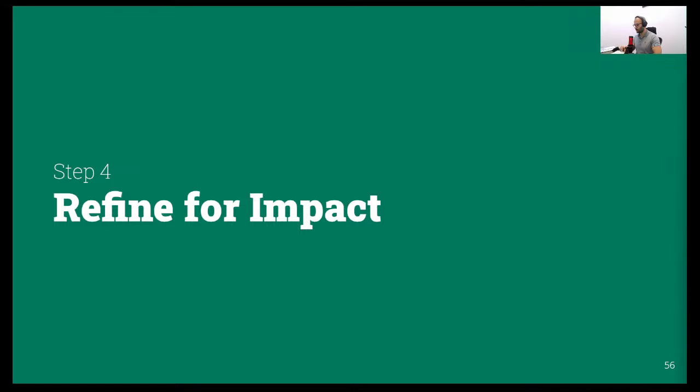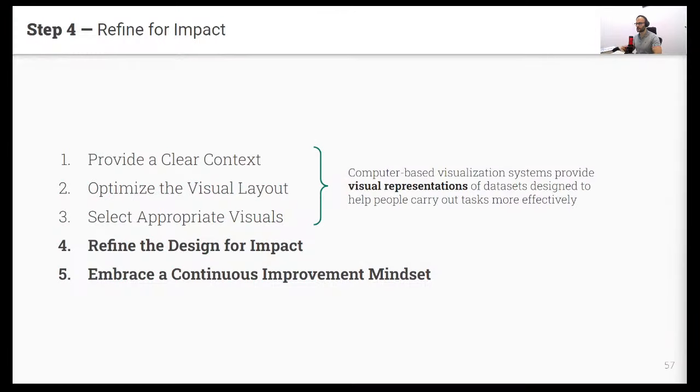So what we have done so far is we have looked at providing a clear context, we have looked at optimizing visual layouts, and we have looked at selecting correct visuals. All these go under visual representation in our definition.